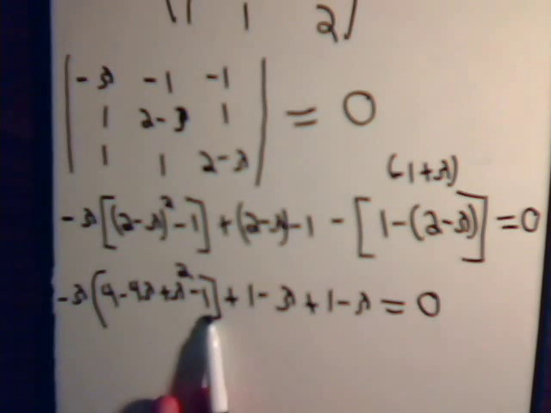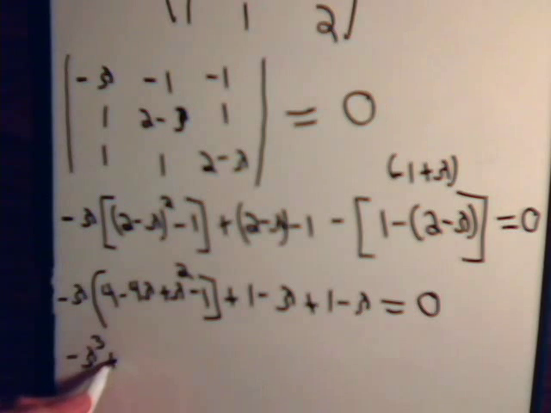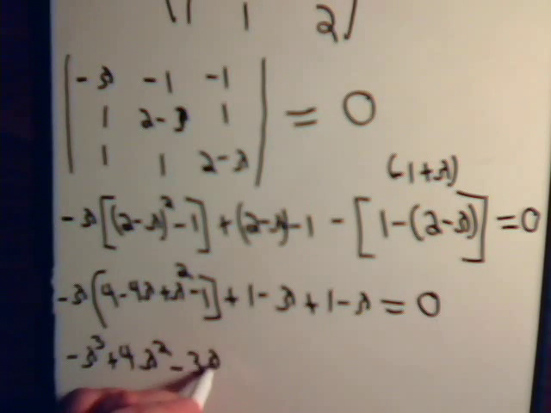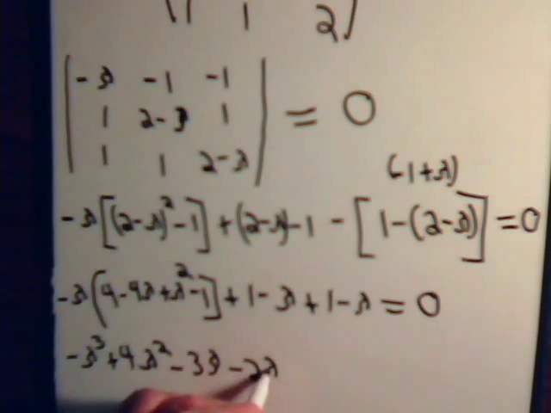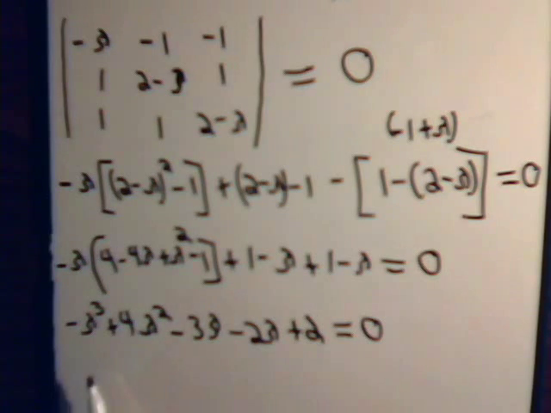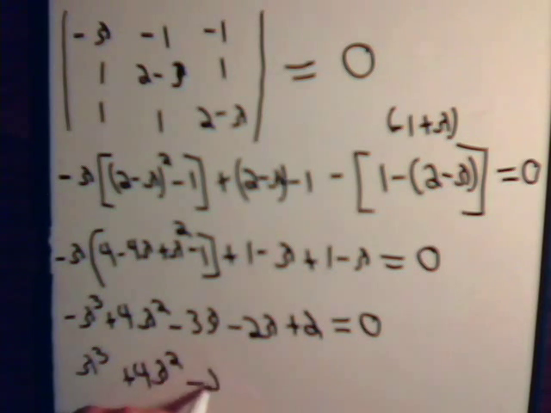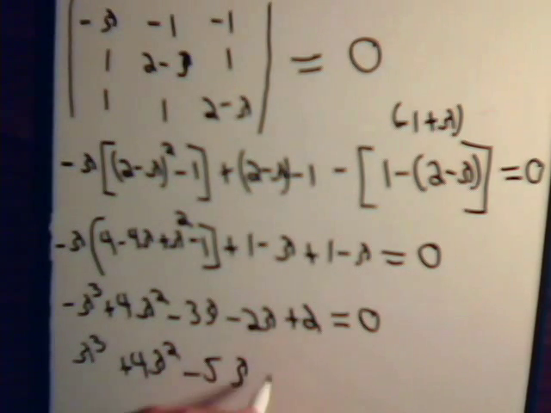Multiplying through by minus lambda, we have minus lambda cubed plus 4 lambda squared. 4 minus 1 is 3 times minus lambda. And then from here we have minus 2 lambda plus 2 equals 0. Simplifying this, we have lambda cubed plus 4 lambda squared minus 5 lambda plus 2 equals 0.